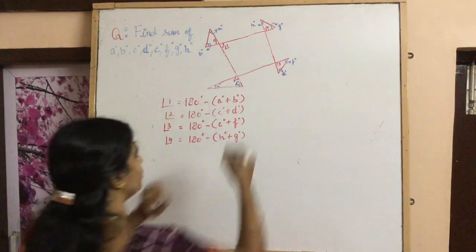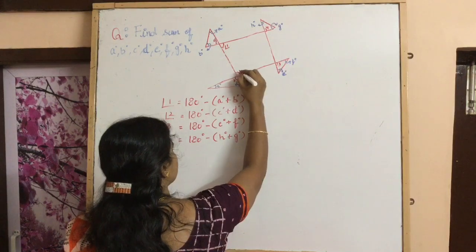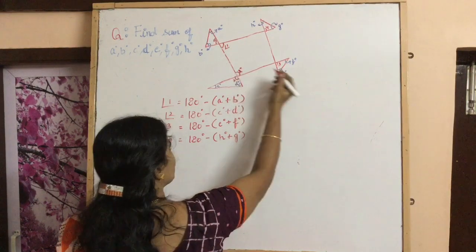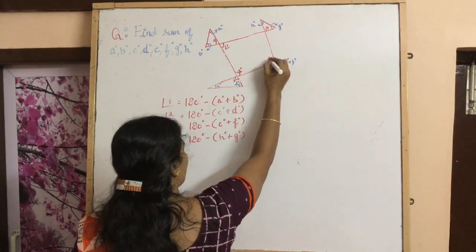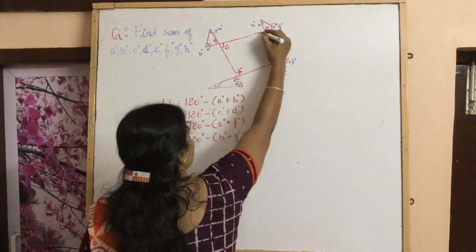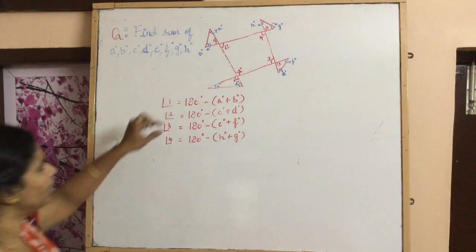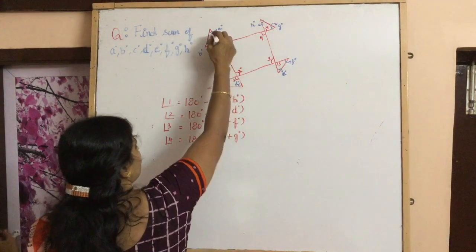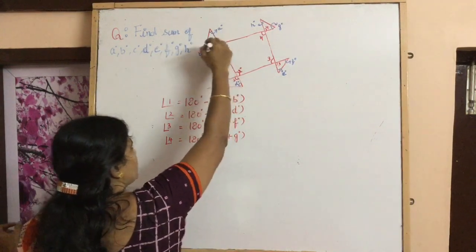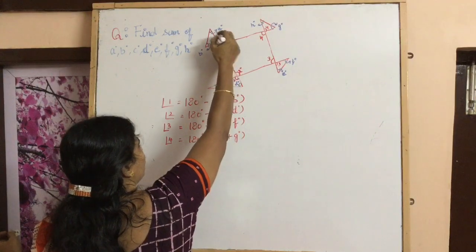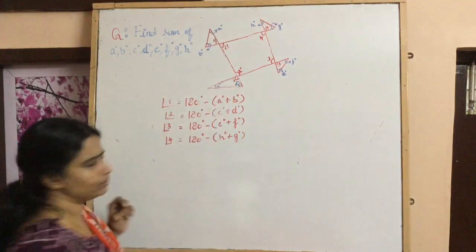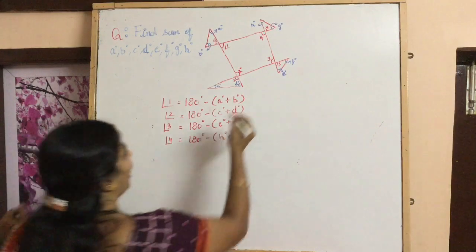This is angle 2, this should also be angle 2. This is angle 3, this should also be angle 3. This should be angle 4. Why is this equal? Because these two lines bisect and the corresponding angles will be equal.